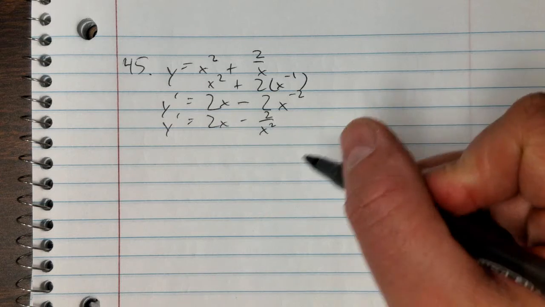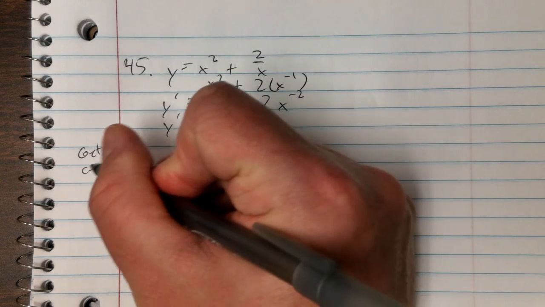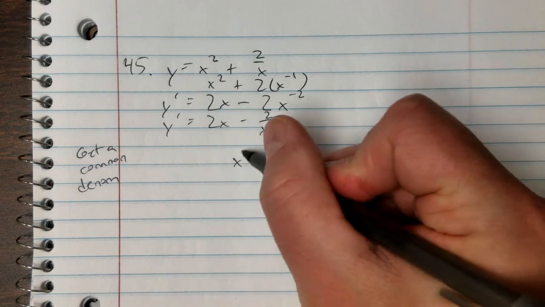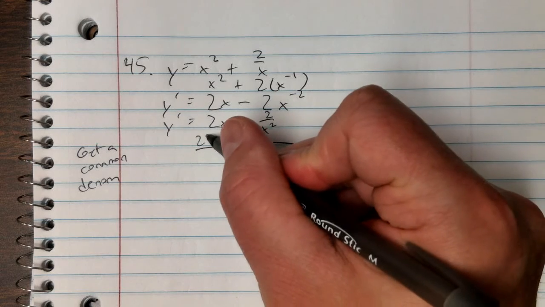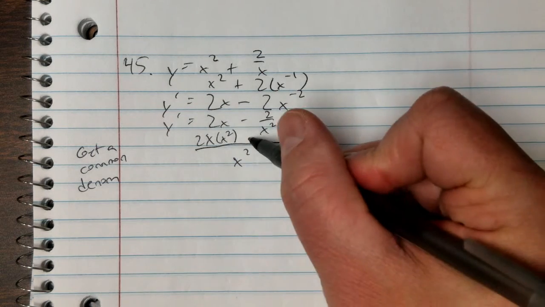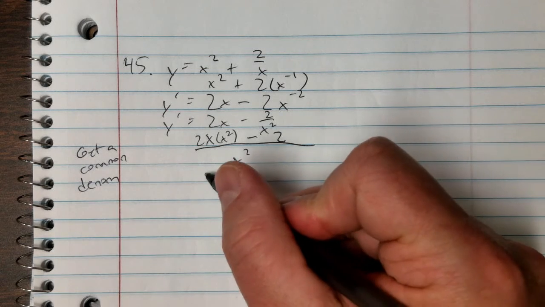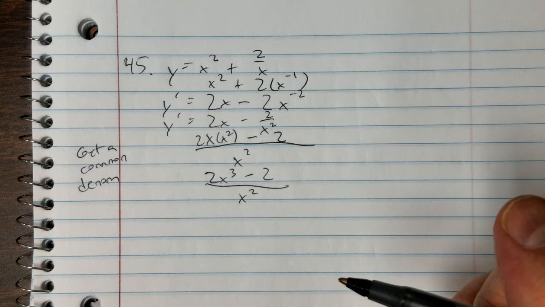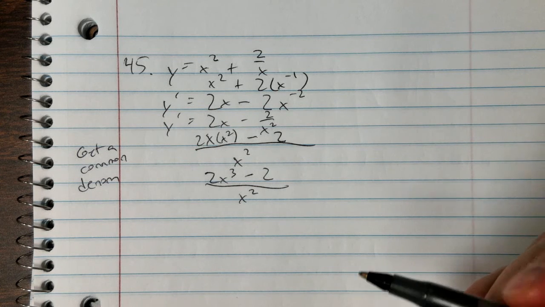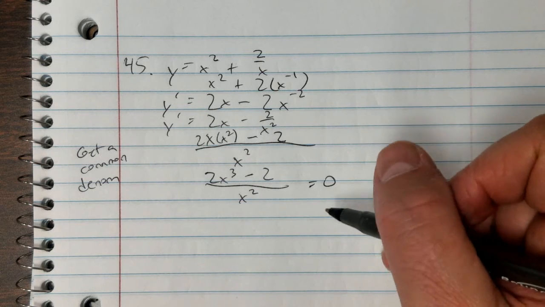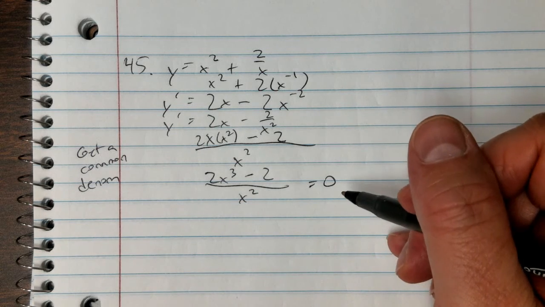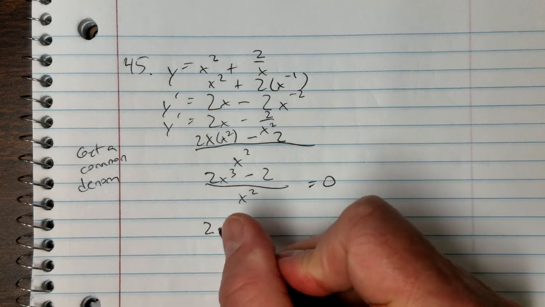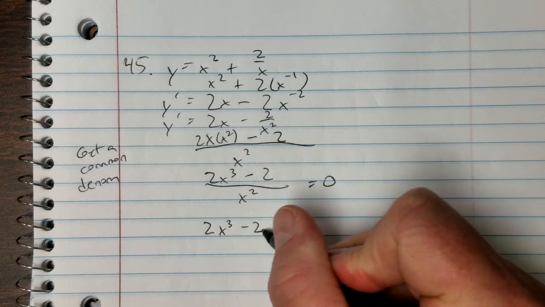Then they want you to get a common denominator. And so x squared is going to be your denominator. So we've got to do 2x times x squared. So that really is (2x cubed minus 2) over x squared. And we want to set that equal to 0. And so you have 2x cubed minus 2 equal to 0.